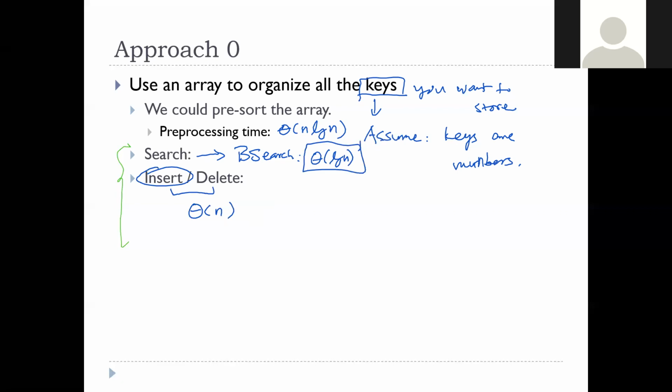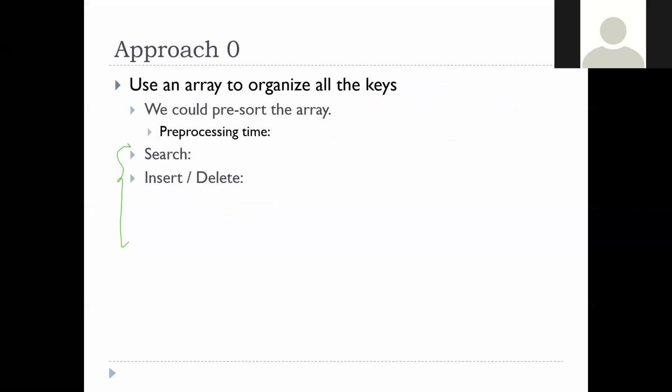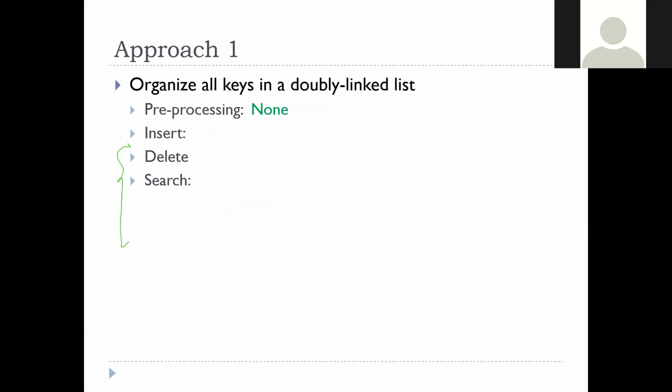Okay, not great. All right, let's say the second approach is that I can use the standard doubly linked list data structure. Remember that this is a list where every element has one pointer pointing to the element after it, and another pointer pointing to the element before it.